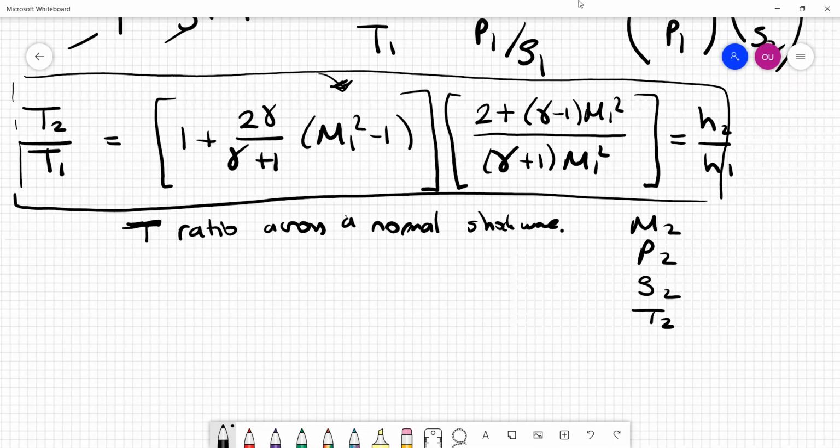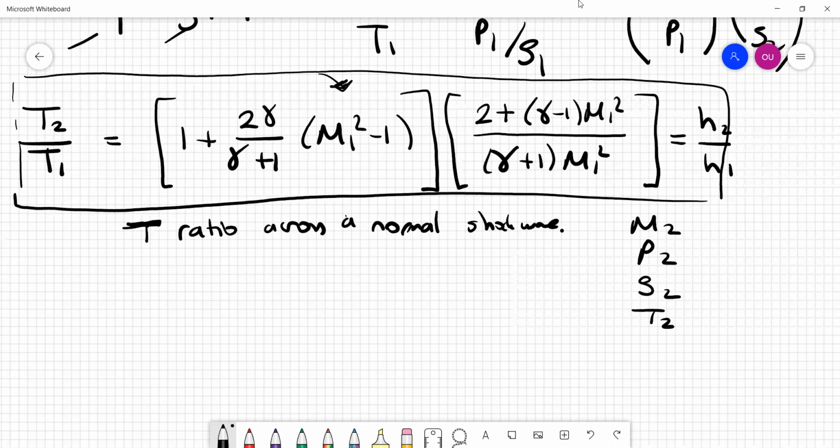You have a way to calculate these properties, and we are interested in knowing pressures, temperatures, and densities because our vehicle is basically traveling behind the shock wave as it's flying supersonically, right? It is basically sitting inside this shock wave, so it's getting exposed to the conditions after the shock wave.